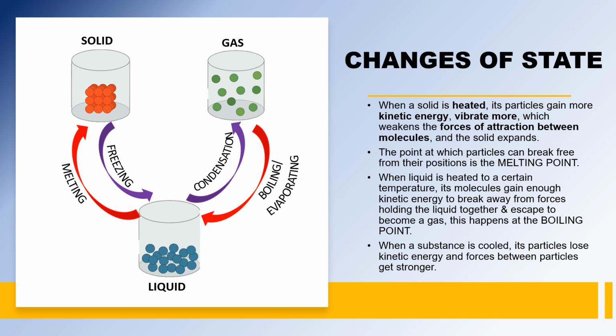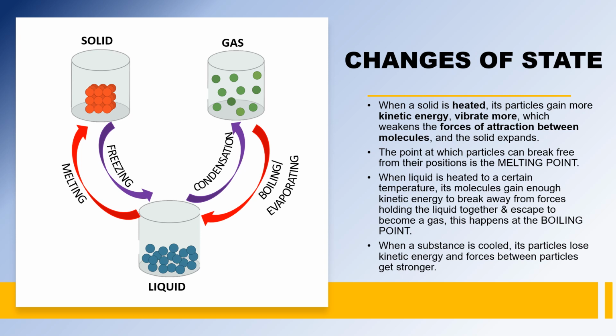Now, we can understand that changing the energy of particles will cause a change of state, which is what we had discussed in the previous slide as well. So, suppose we have a solid, maybe an ice cube. When we heat this solid, the particles will gain more kinetic energy. The particles will vibrate more.